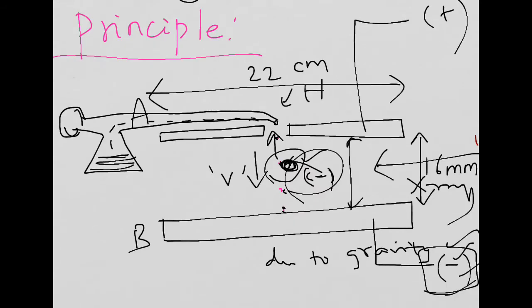As I told you, the experimental setup is this. This is the rough diagram. As you know, there are two discs A and B. One is perforated. The diameter of each disc is 22 centimeter, and the distance between the two discs is 16 millimeter.